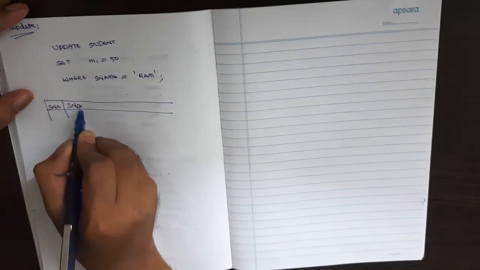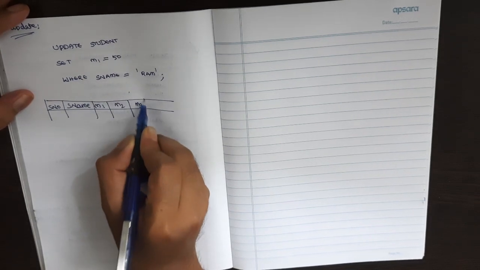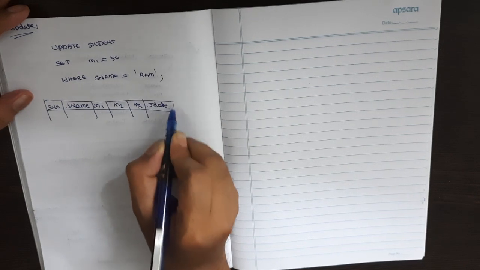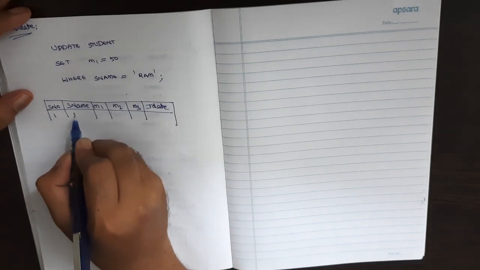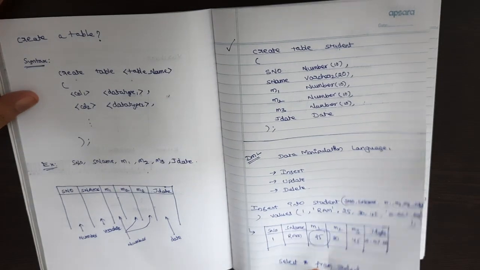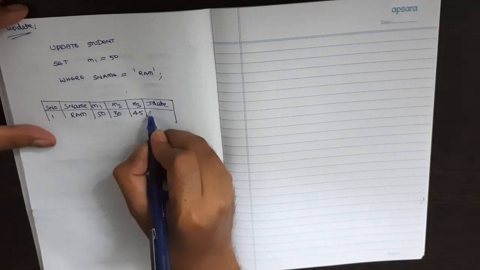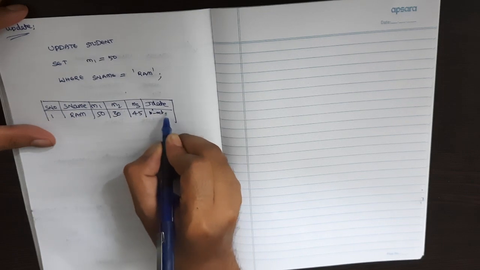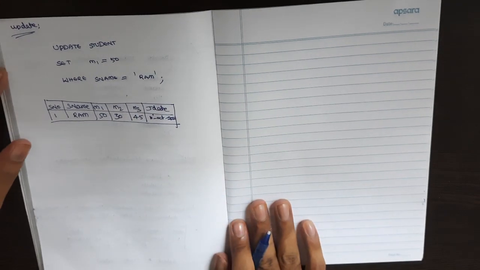If you run this, it will automatically update the record, and you will see SNO, name, M1, M2, M3, J date. Now the data will be 1 RAM 50, next 30 45, and 10 October 2021. This is how the data will look.